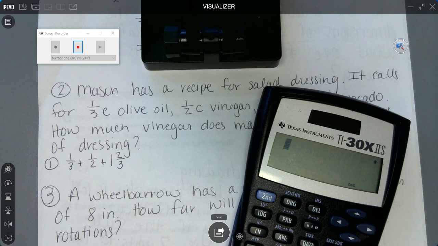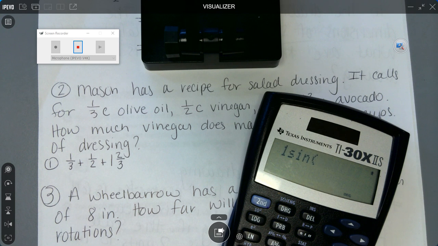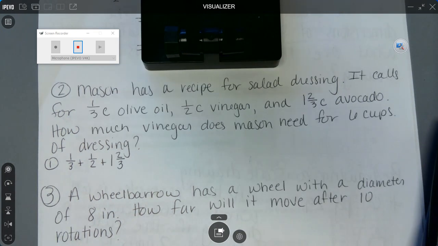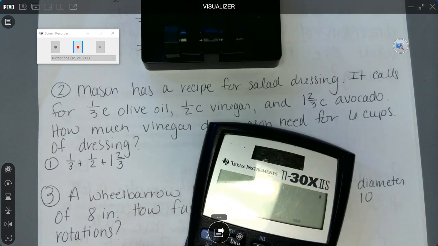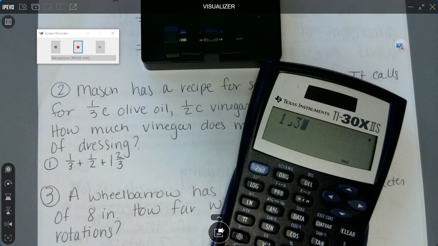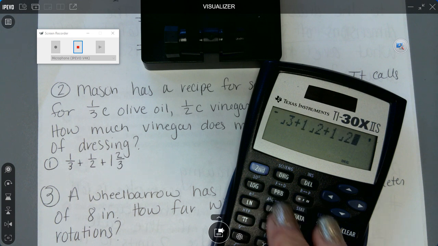So here we go. Well, right now, just watch me go through this, okay? And then I'll leave it up there for you to write down. So 1/3 plus 1/2 plus 1 2/3.